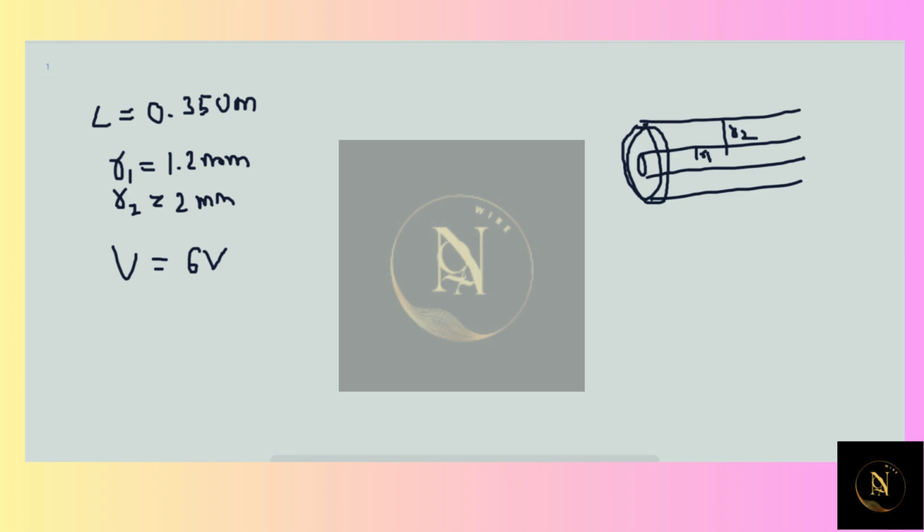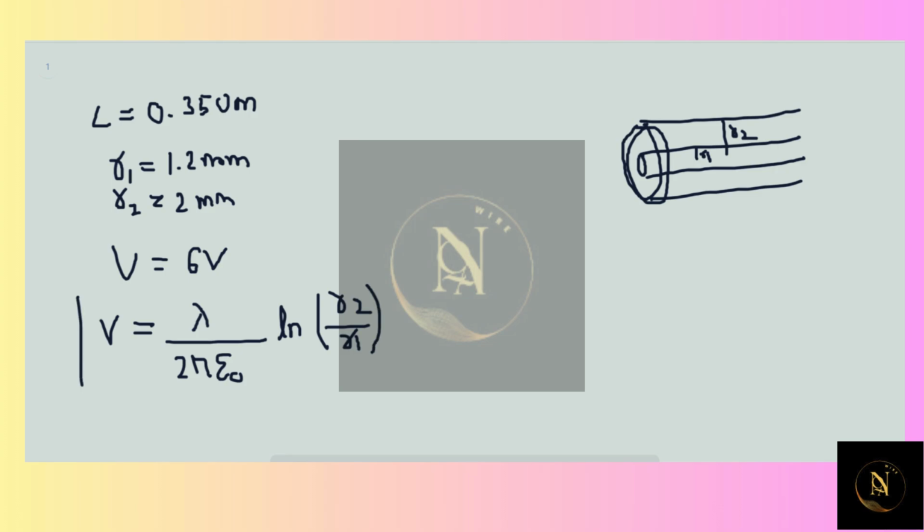So we know that for a cylindrical capacitor, the potential between the core and the outer shell is given by V equals lambda, the linear charge density, charge per unit length, lambda divided by 2 pi epsilon naught times natural logarithm of R2 by R1.